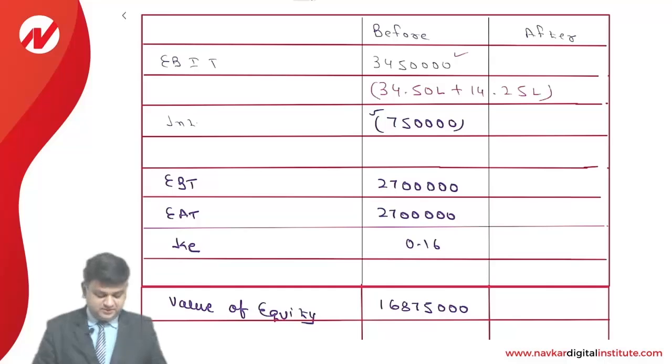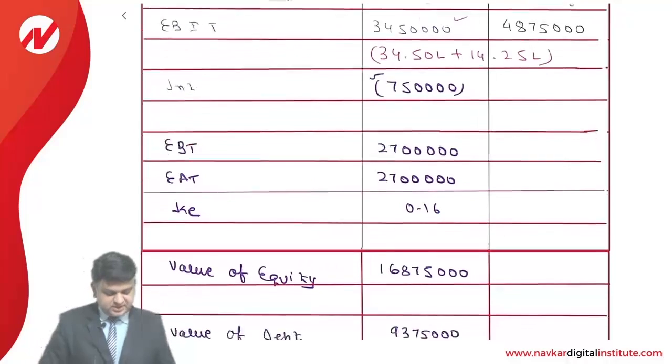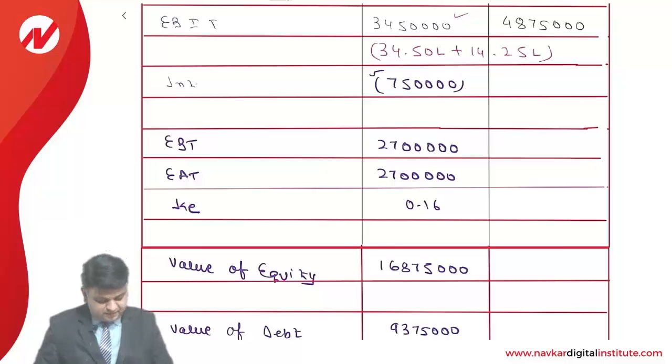34.5 plus 14.25, that comes to 48,75,000. The amount of interest, the existing interest, is going to remain the same, 7,50,000.